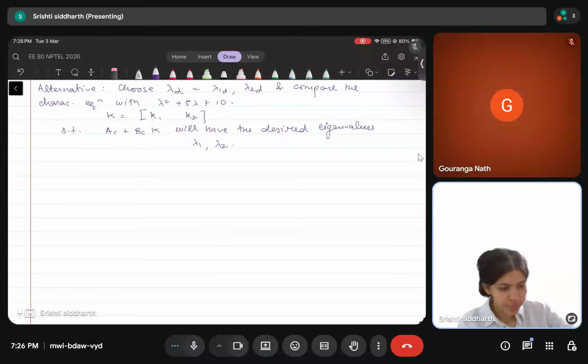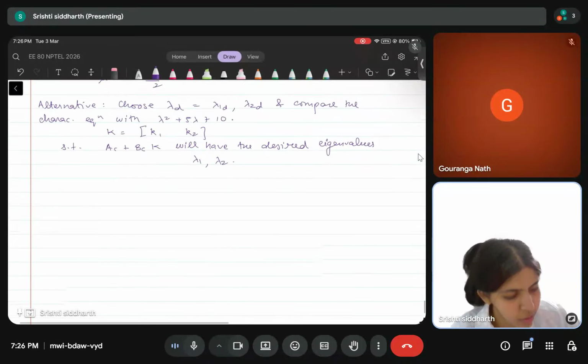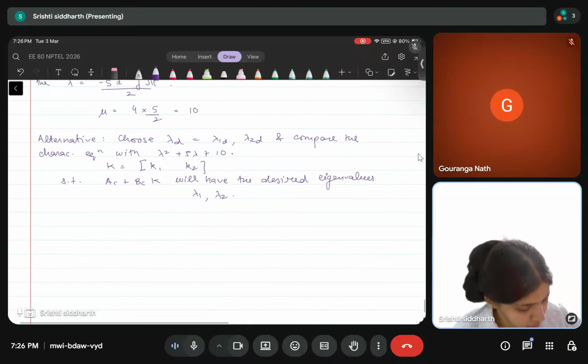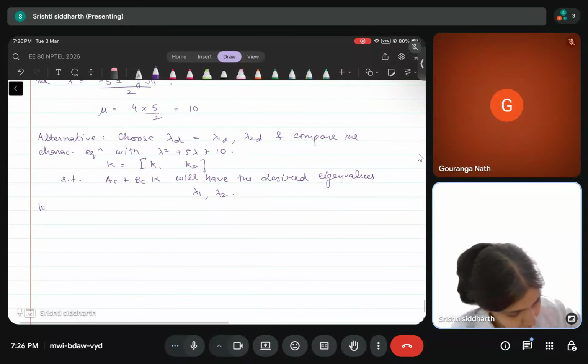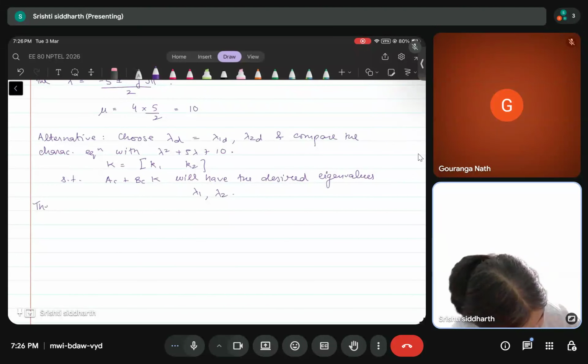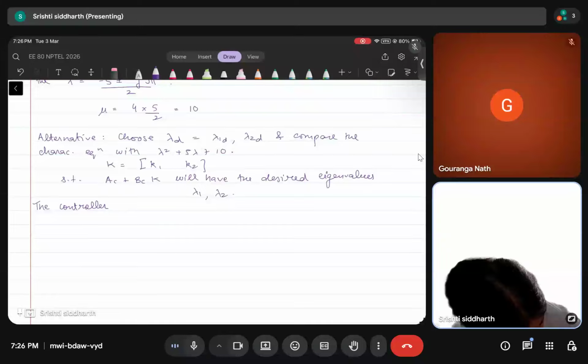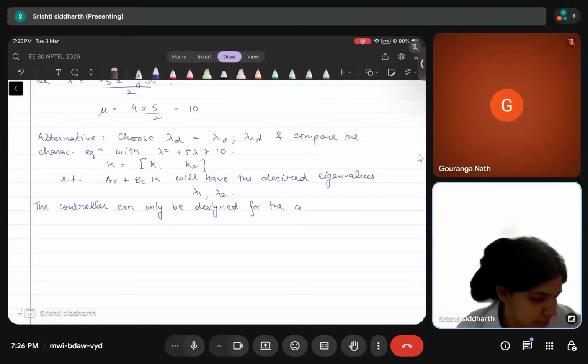So you can only design the controller for the controllable subsystem.